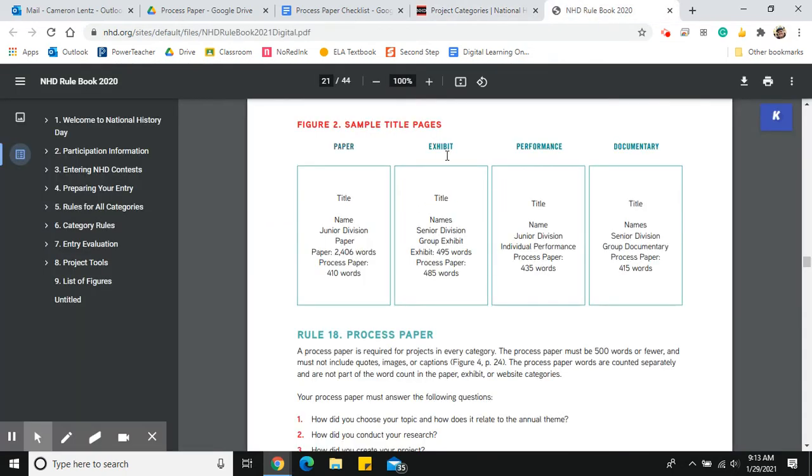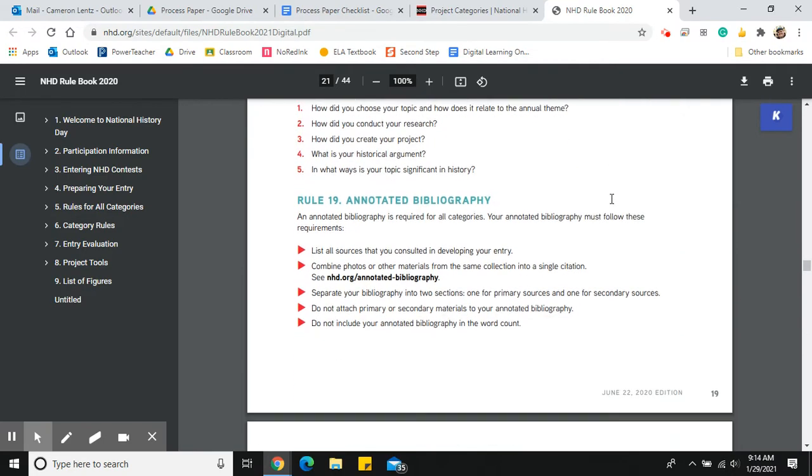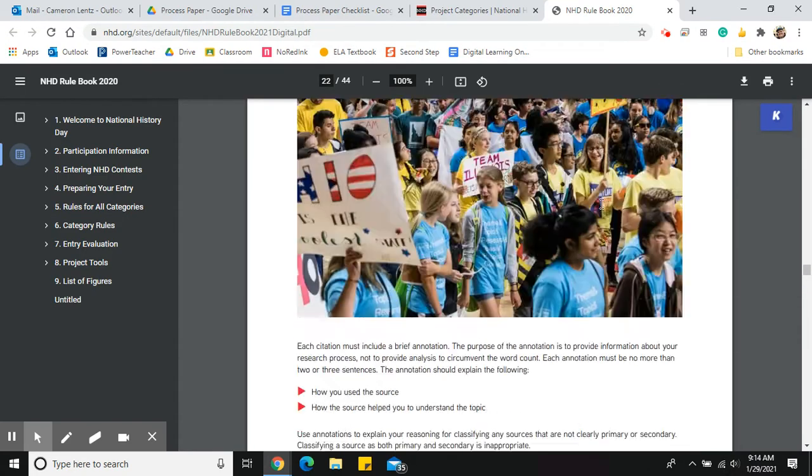And you can see the contest rulebook, the rules and information about the process paper are located in the rules for all categories section, specifically the written material pages, which can be found on pages 18 and 19 of the rule book.